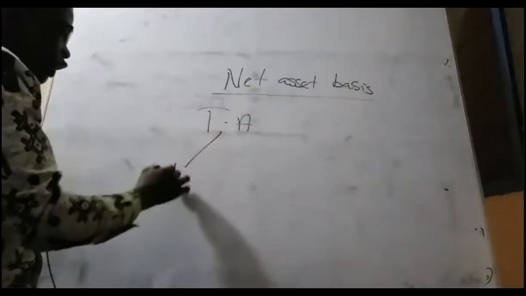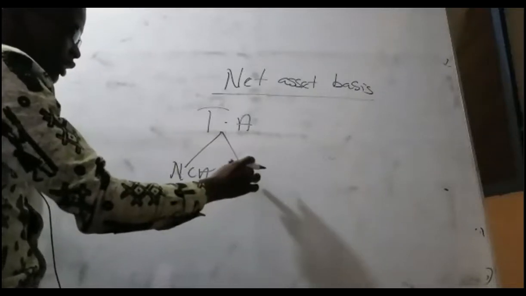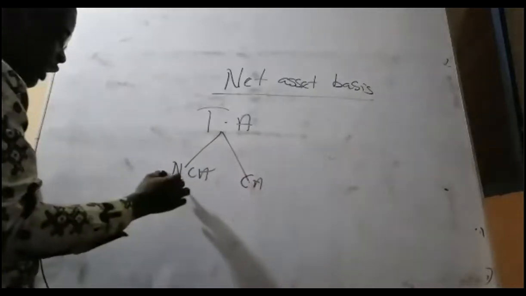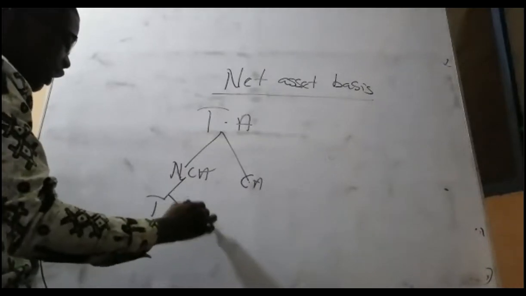For that one, we said I'll put all the assets together, so total assets, which include the non-current and what? Current. The non-current include tangible and intangible.